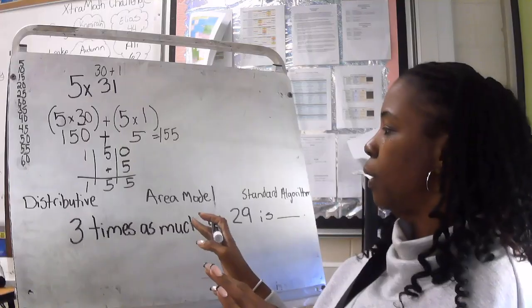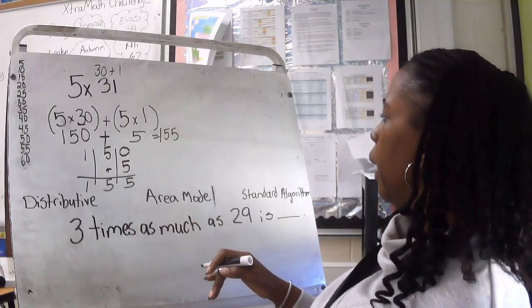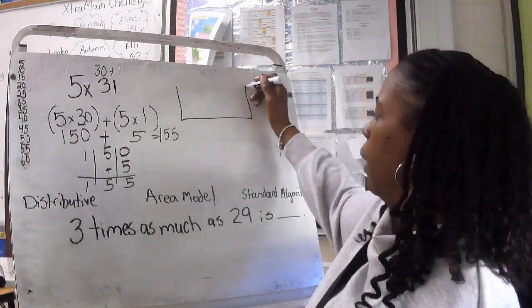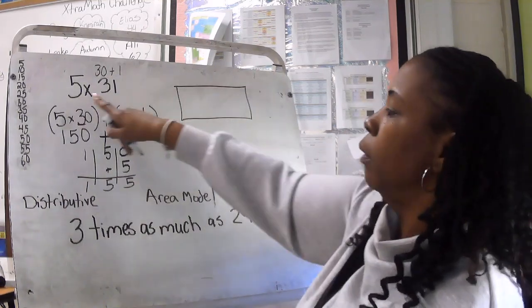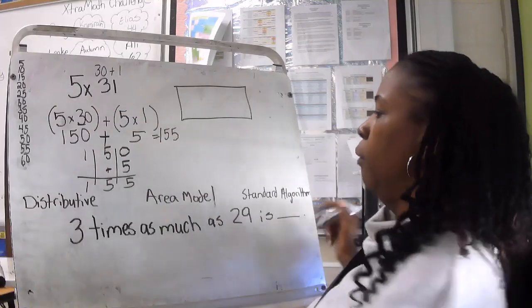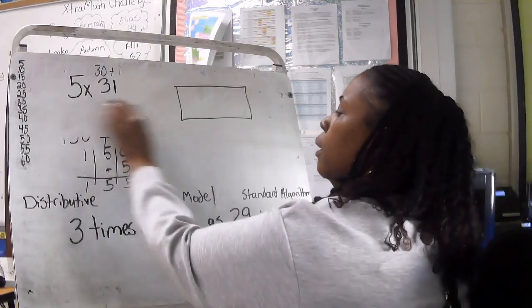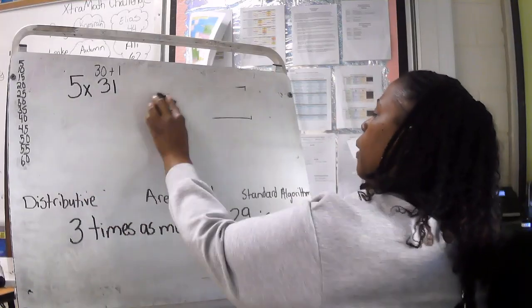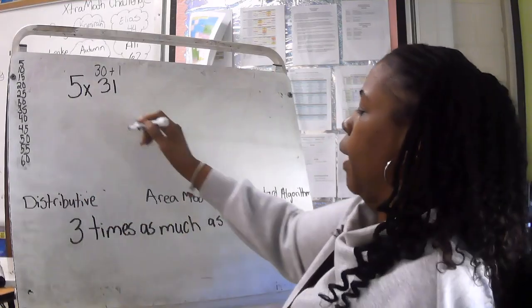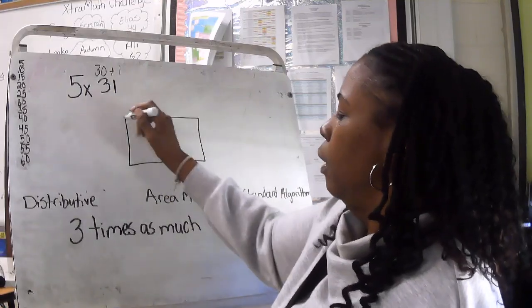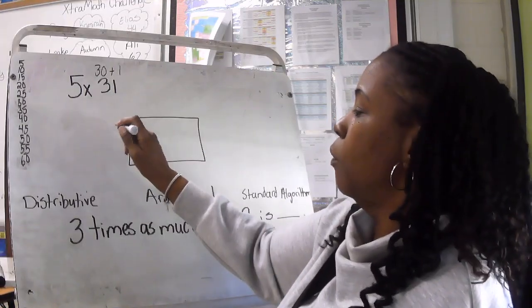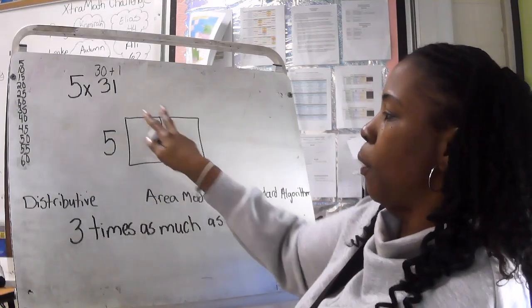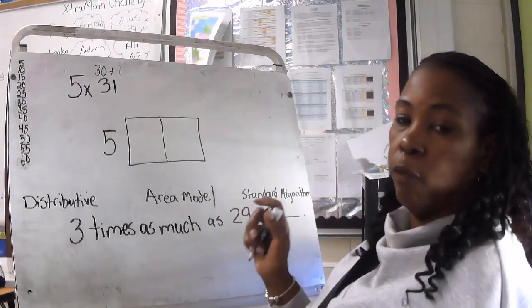Now I'm going to go to the area model. And I guess I can fit that here. And here's our area model. We know we're multiplying by 5. Let me go ahead and move this over. I think that's too much space here. Let's move my area over. So we have our area model here. We know we're multiplying by 5, so 5 is going outside of the box. And we're going to split it into 2. We need 2 parts because we have to show the expanded form of 31.